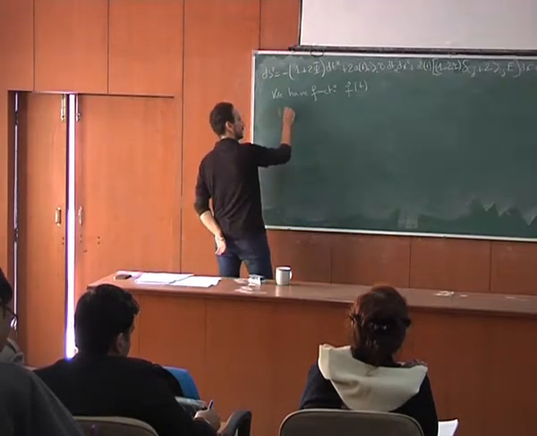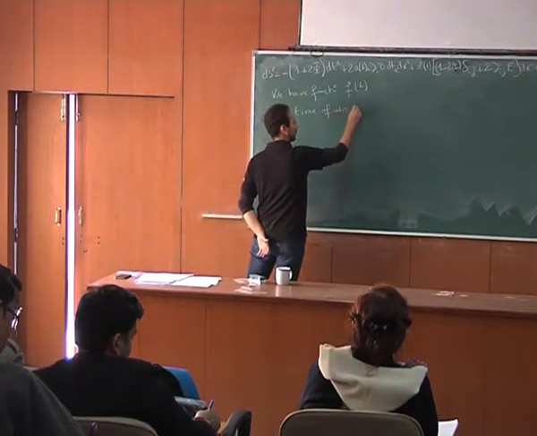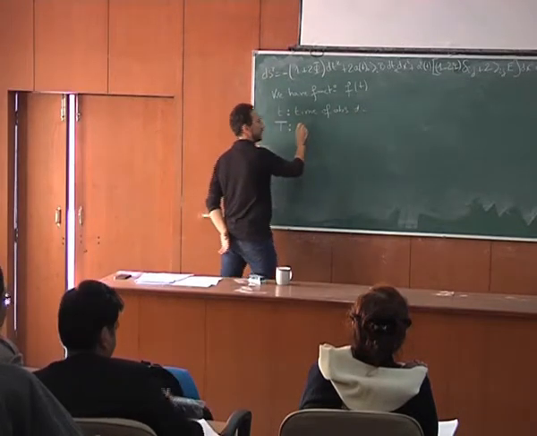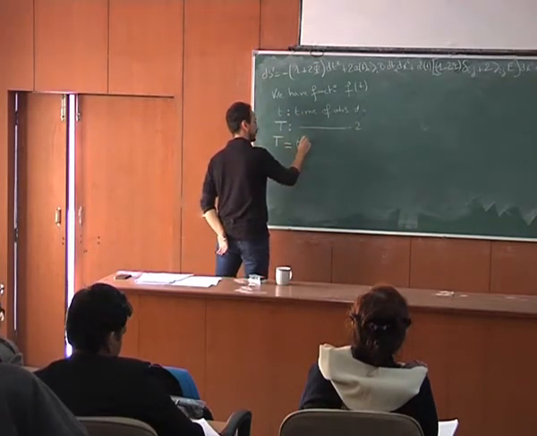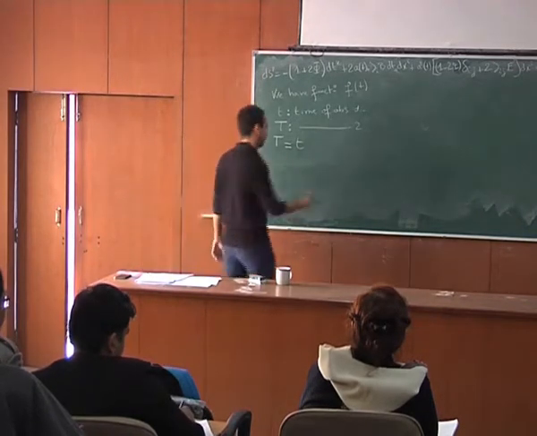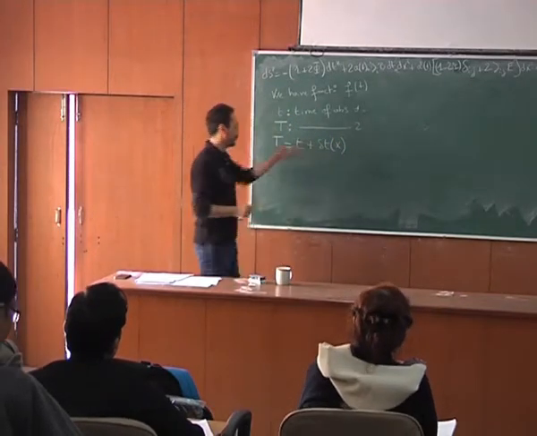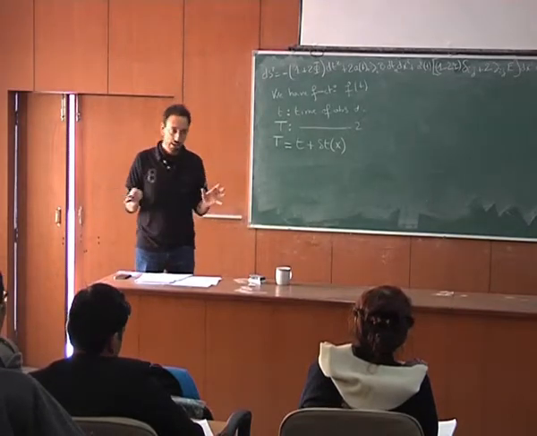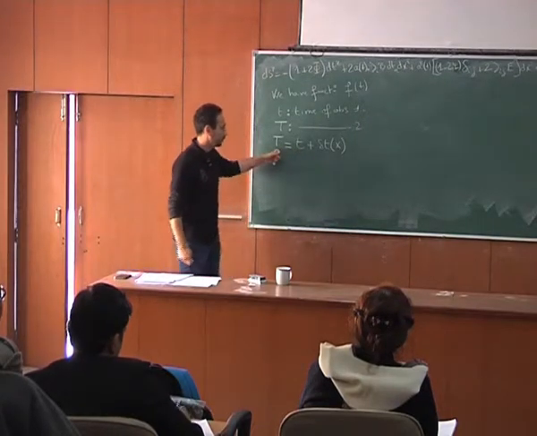So t is the time of observer 1, and capital T is the time for observer 2. There is some transformation between both times.